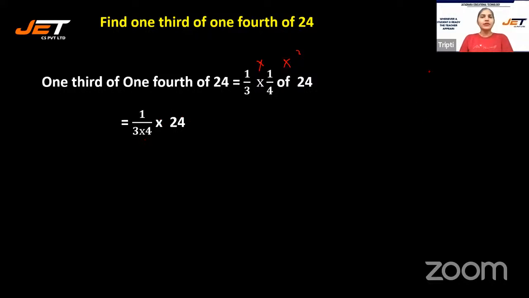We can write 24 as 3 times 4 times 2, because 3 times 4 is 12, 12 times 2 is 24. So 3 and 4 cancel. Try to write down the same numbers like 3, 4, 3, 4 so that you can cancel and get the answer easily. Here the answer is 2.